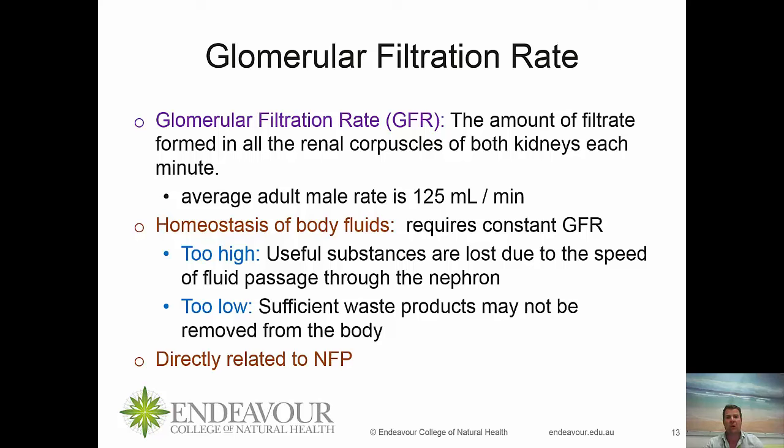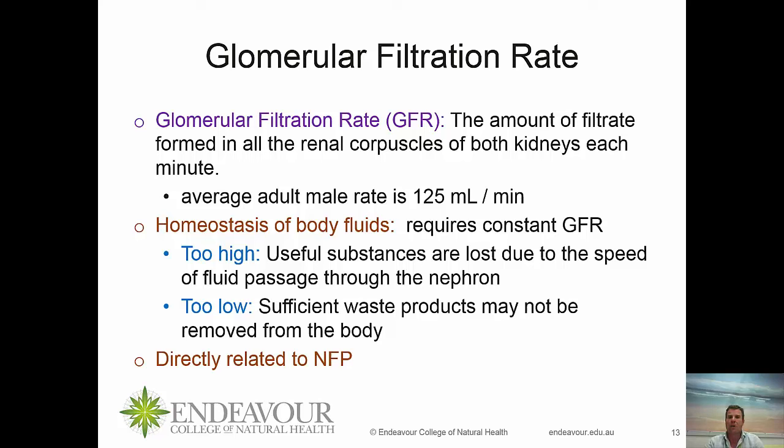If it's too low, and that's essentially what happens in chronic kidney disease, or CKD, the glomerular filtration rate declines too much, and you get the build-up of waste products in the body, and particularly those nitrogenous products like urea build up, and cause all sorts of problems with body function.